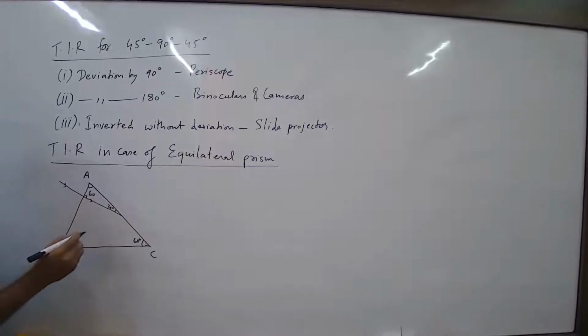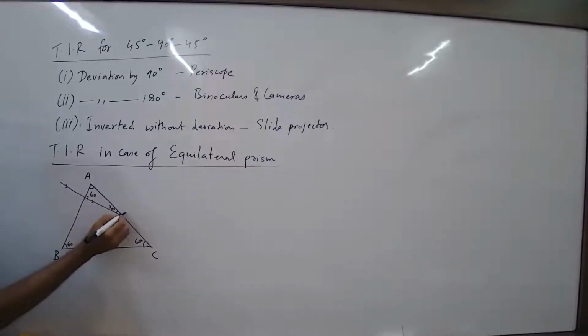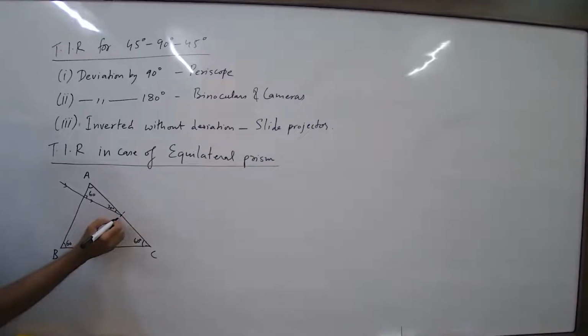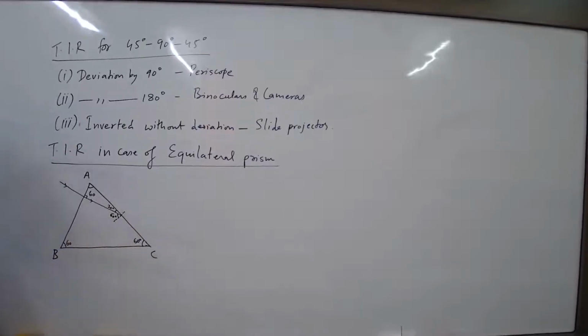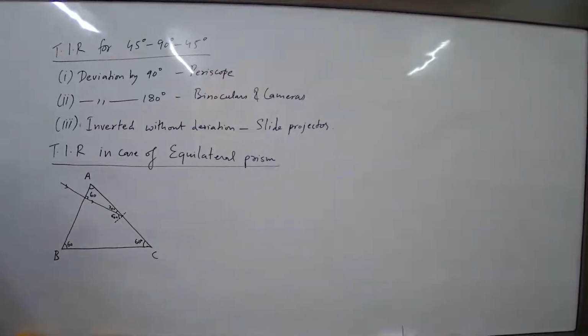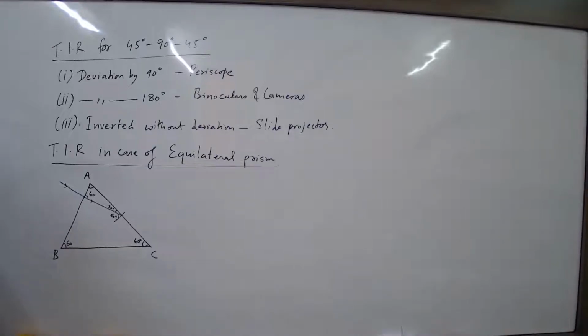So what is the angle of incidence at this point? This is 30, so this should be 60. Angle of incidence is 60. Is it greater than critical angle? What is critical angle?